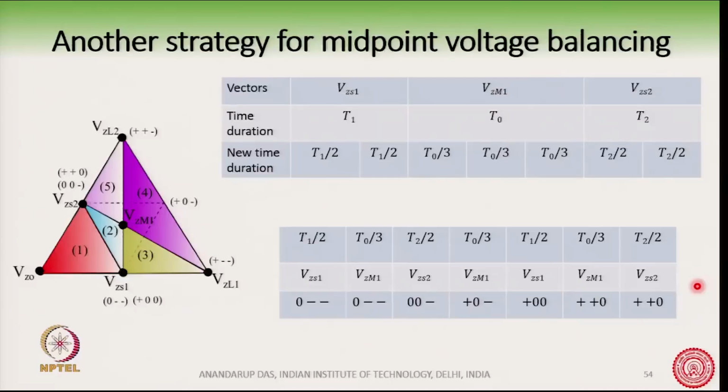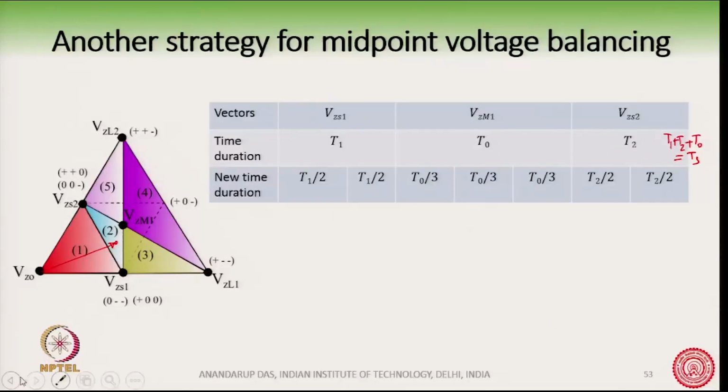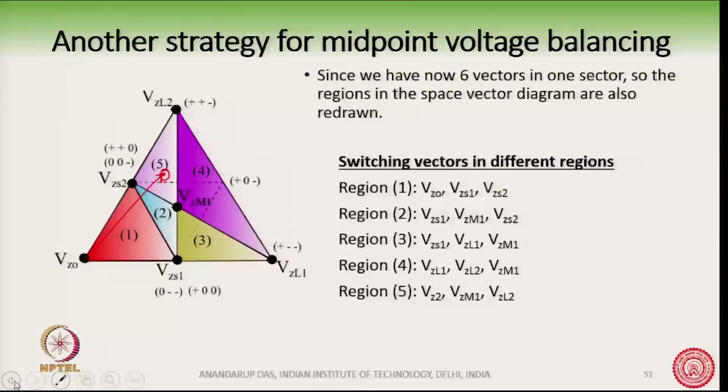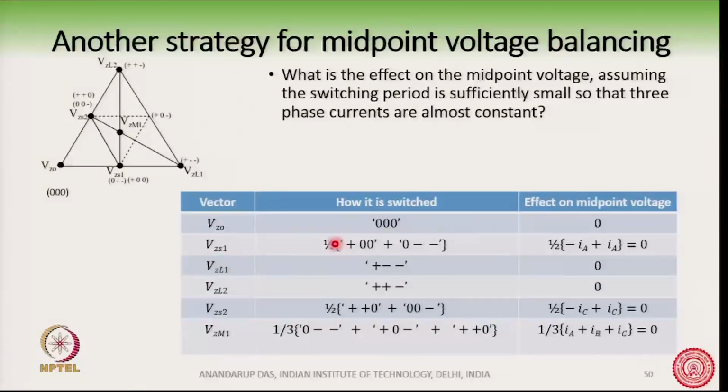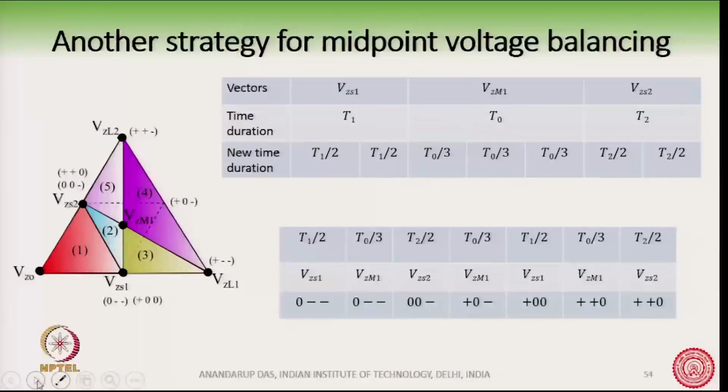Now, if you remember, I told you that VZS1 was half of 0 minus minus and plus 0 0. If you remember, VZS1 was half of plus 0 0 and 0 minus minus. So, this 0 minus minus and plus 0 0 are here. Okay, that half. So, this is half of 0 minus minus and half of plus 0 0.